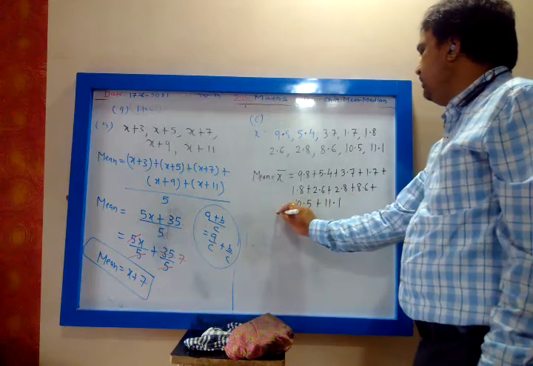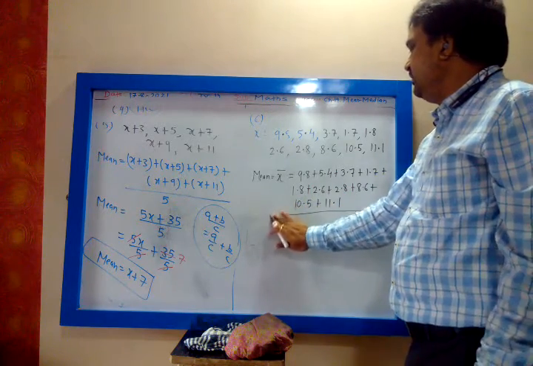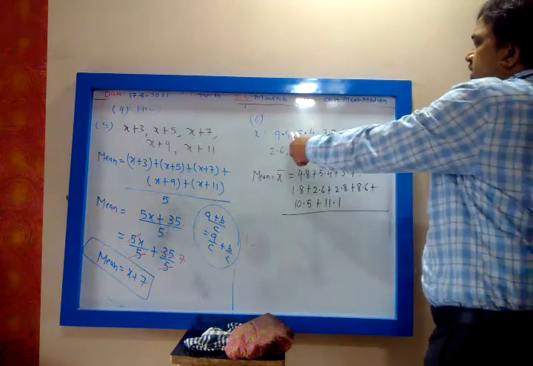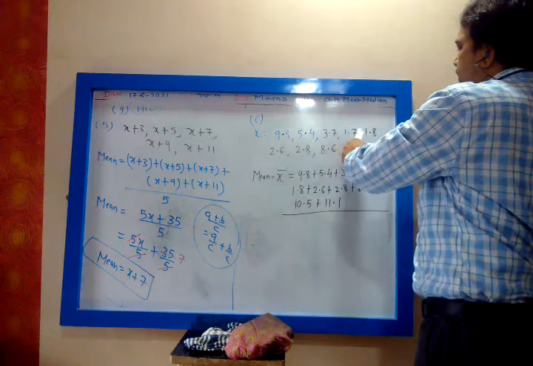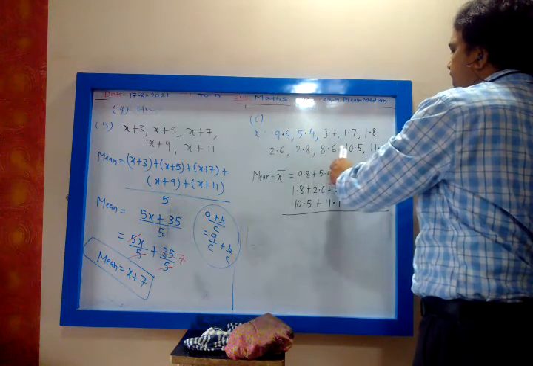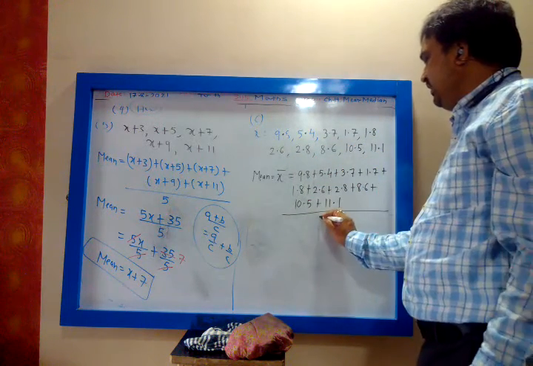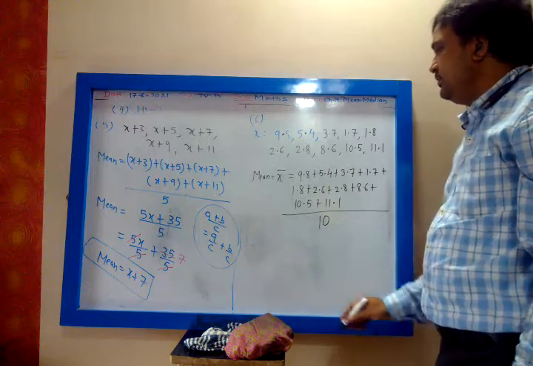Divide this total by the total number of values given. How many values are given? You can count 1, 2, 3, 4, 5, 6, 7, 8, 9, 10. Divide this total by 10, the number of values.